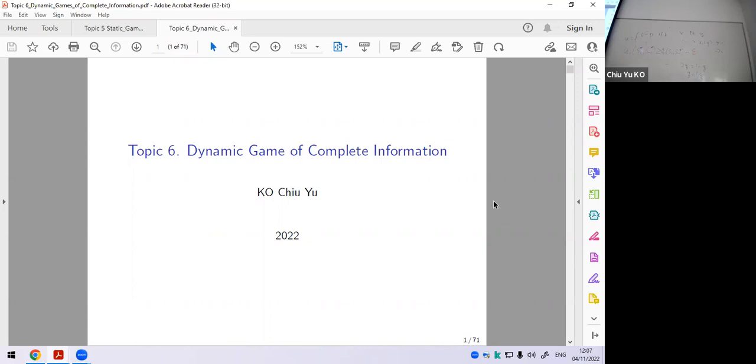It just means that when one makes the decision, the other doesn't know the other's decision. Here we talk about the case where people make decisions sequentially. You would usually know that one makes a decision after the other.